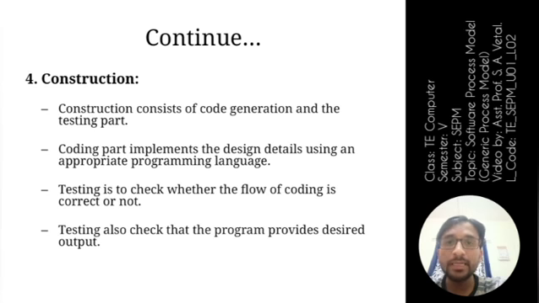If it does not, it will not meet the customer's requirement. So it is very important that the program provides the desired output. So this is the construction phase, which has two tasks, code generation and testing.